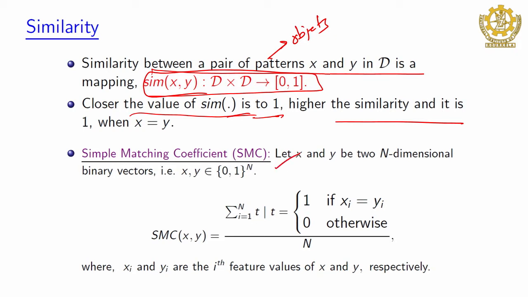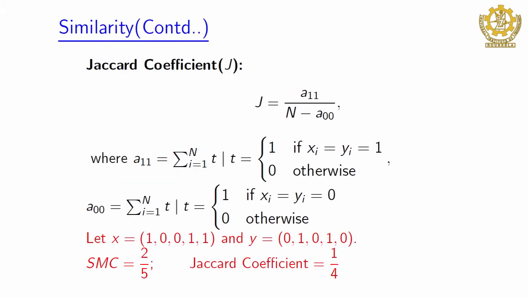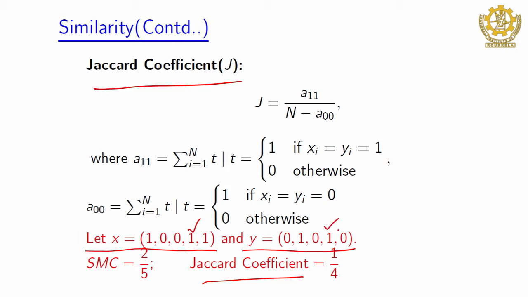Then we studied something called simple matching earlier, and then we studied the Jaccard coefficient. Let us say we have two objects, x and y, which can be binary or not binary. How do we compute the Jaccard coefficient? Wherever both are matching, let us say this is one, and the rest of the things are not matching.